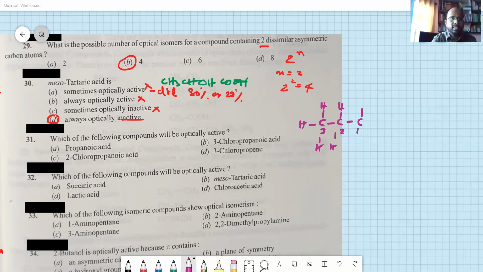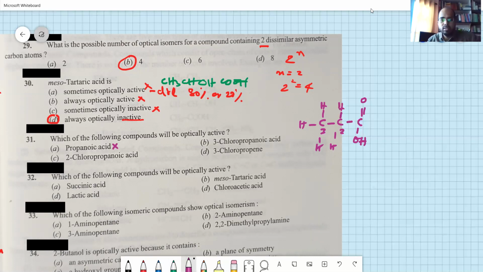The same thing can be asked for the geometrical isomerism also. And you'll see that all these things are satisfied. So you don't have any chirality. So this is not the right answer. Then 3-chloropropanoic acid.